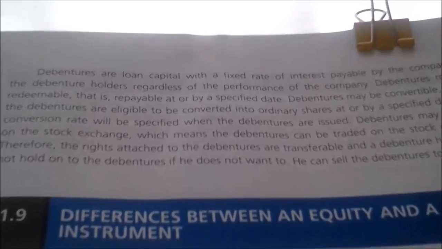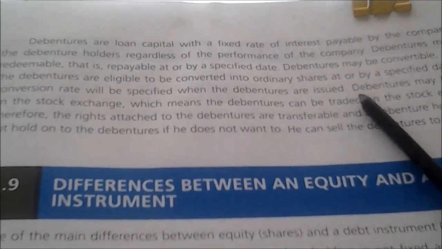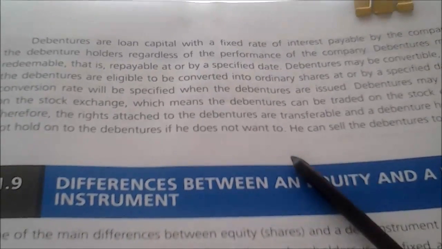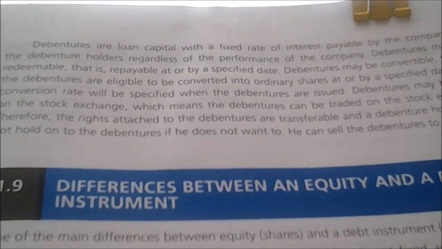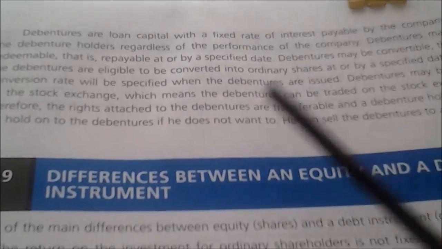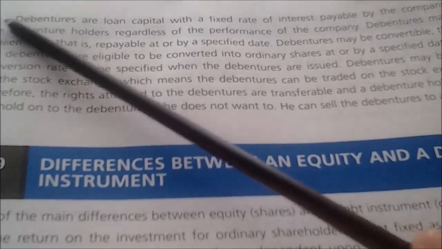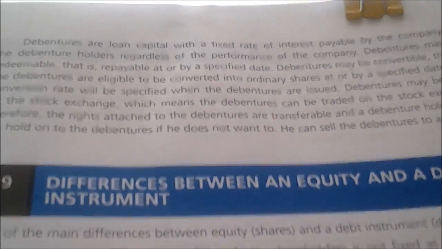So they have to make an interest payment based on whatever is agreed, usually on a per annum basis. Like redeemable preference shares, they will state in front of the debentures the percentage that needs to be paid per annum.